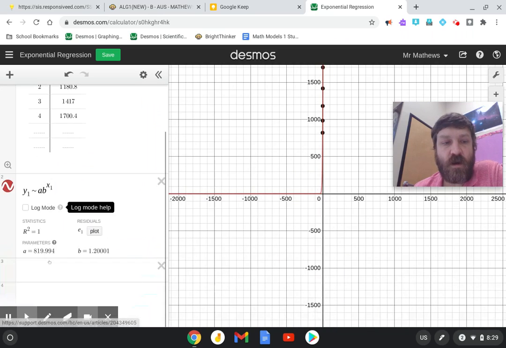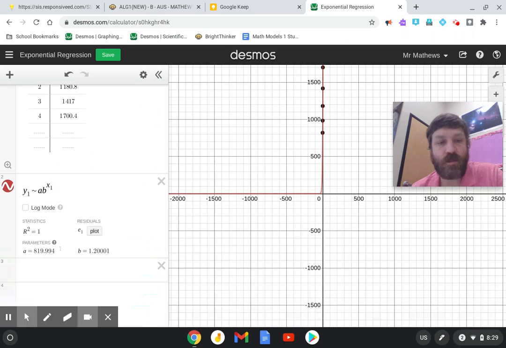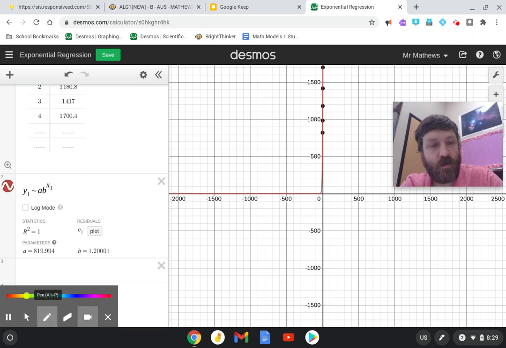And down here, they're going to give us what they call the parameters. So these values here are the a and the b value of that equation. So let's write down what this would be if I put that into an equation.